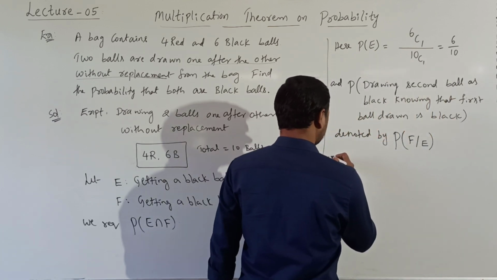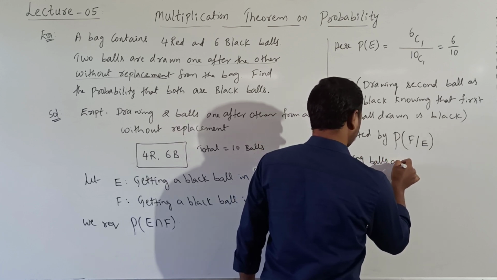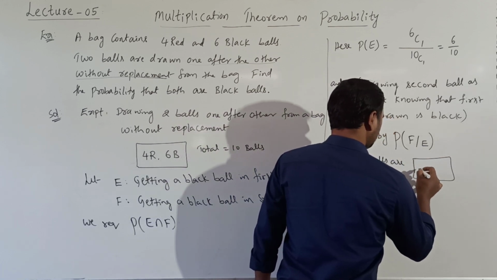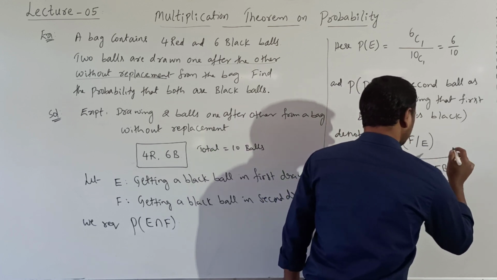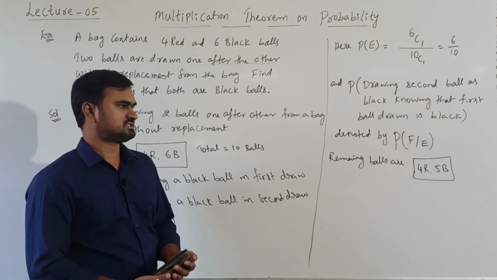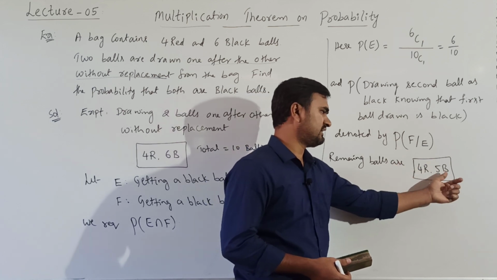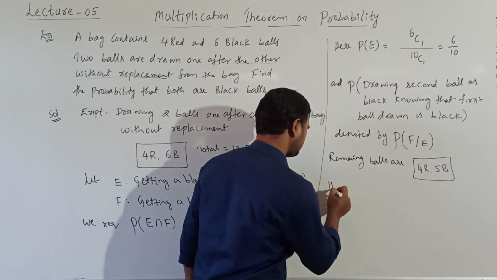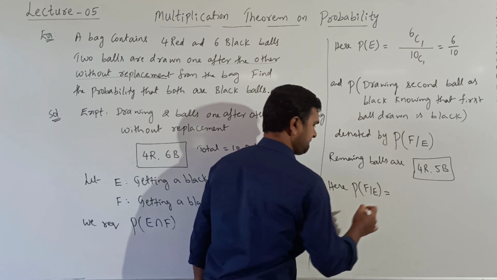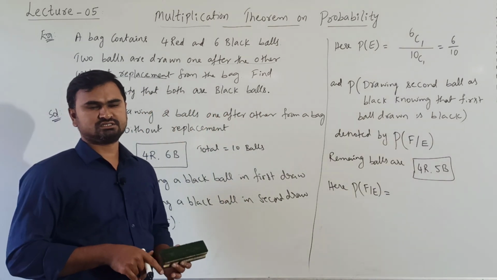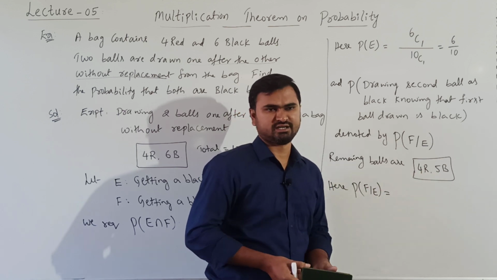Now the remaining balls in the bag are 4 red balls and only 5 black balls. Understanding? Once we draw the first ball, the remaining balls are 4 red and 5 black. So how can I write P of F given E? Knowing that the first ball drawn is black, what is the probability of drawing the second one also black?